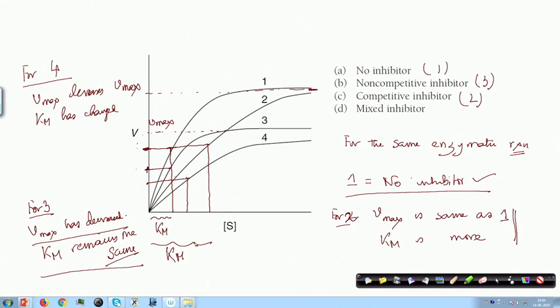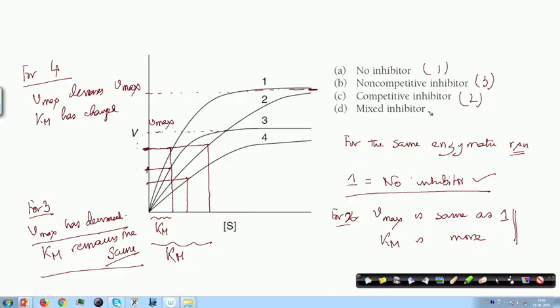So, Km is increased. So, Km has changed, in this case it has increased, and Vmax also. So, both are changed, Vmax is changed, Km also changed, and that is the case of mixed inhibition, which is number 4, where both Km and Vmax have changed.